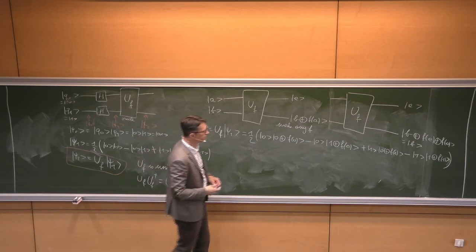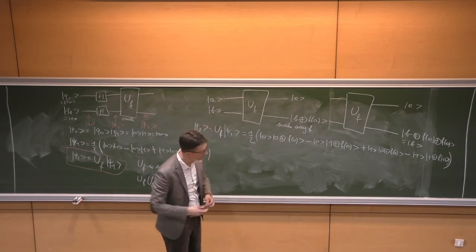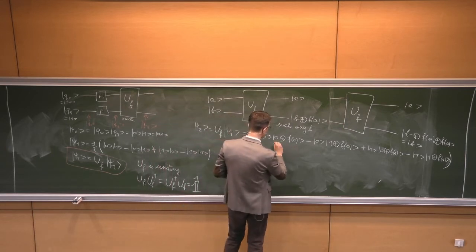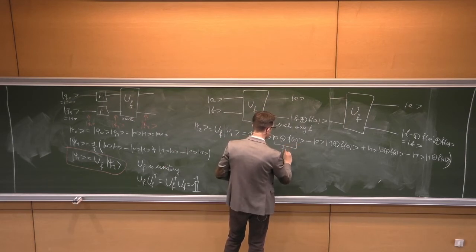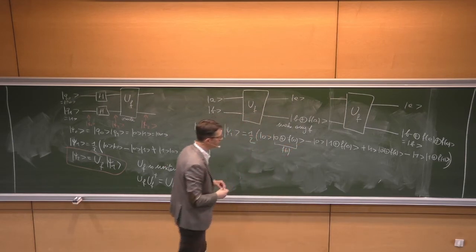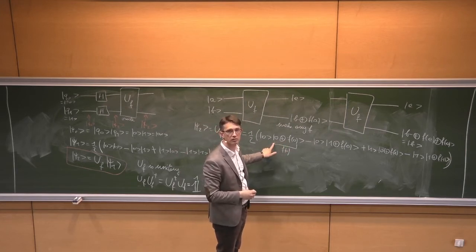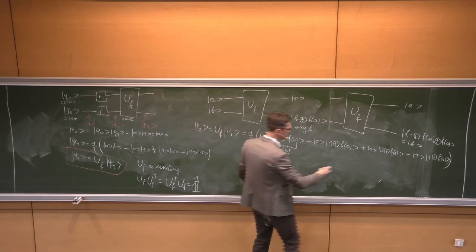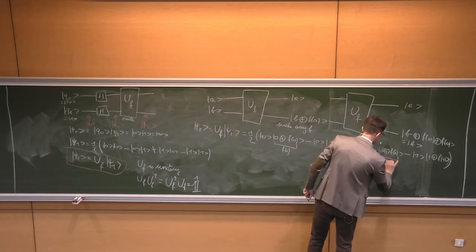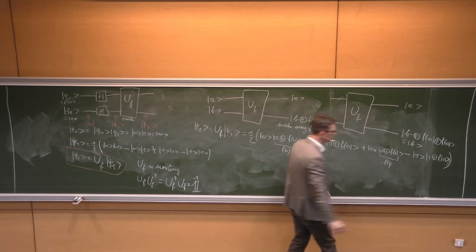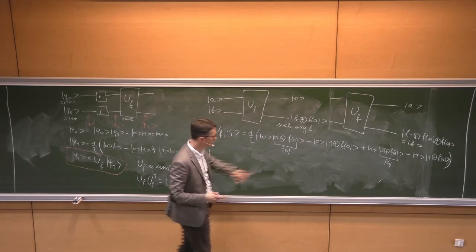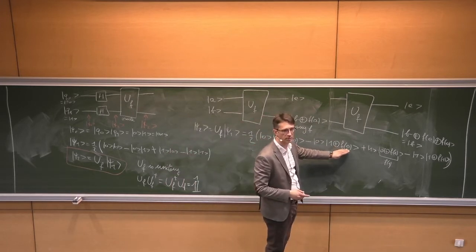As we can see here, 0 plus f of 0 is actually f of 0, because 0 added to anything gives me that thing. Same here, so this is f of 1. For the other terms I don't know, because it depends on the result of f of 0.